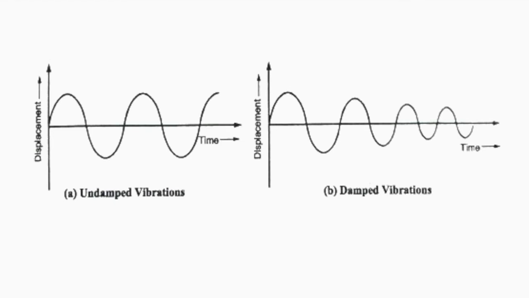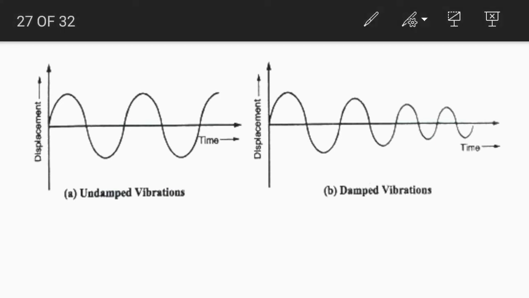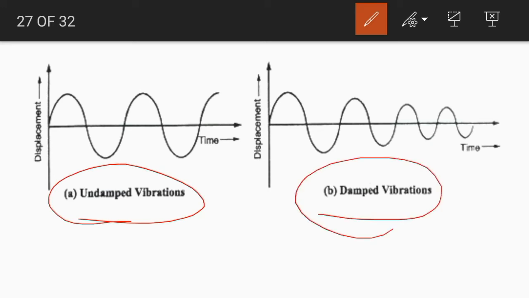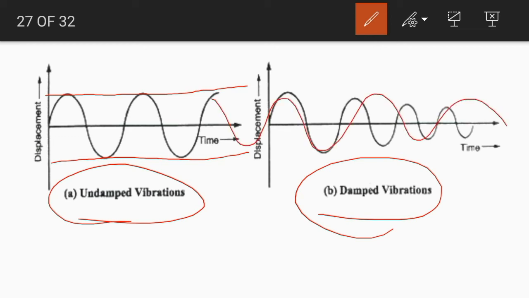Here the displacement versus time plots for both undamped vibration and damped vibration are shown. Here we can see that in undamped vibration the amplitude of vibration remains constant and the vibration continues.